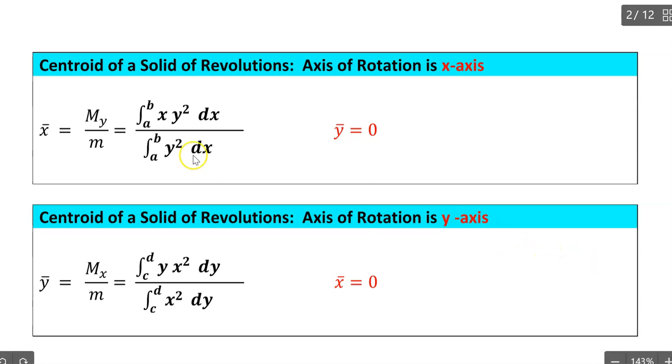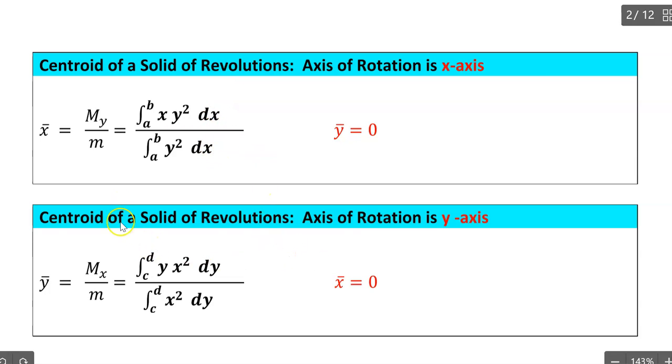In these formulas, if you are going to find the centroid of a solid and its axis of rotation is given to you, if it's the x-axis, then you know that y bar will be equal to 0, and this is the formula you are going to use. In this case, you are going to use the vertical element.